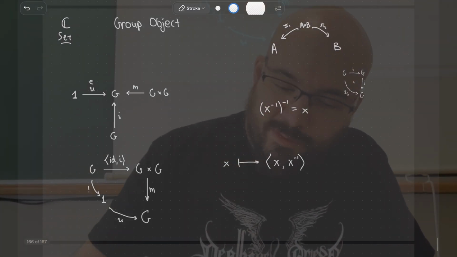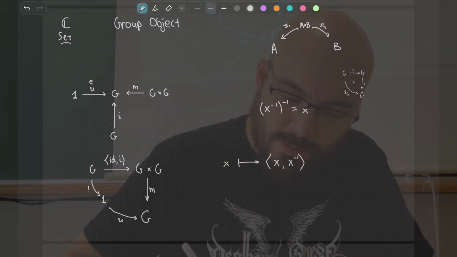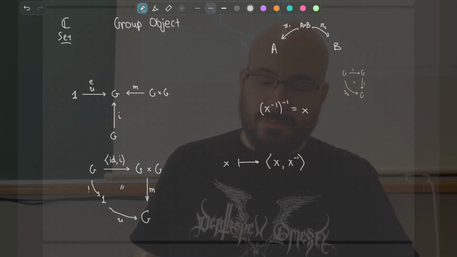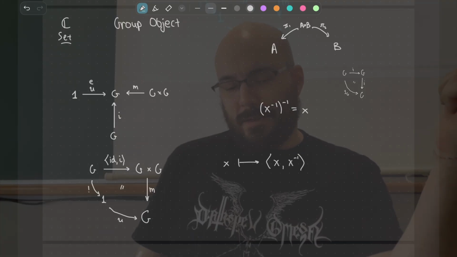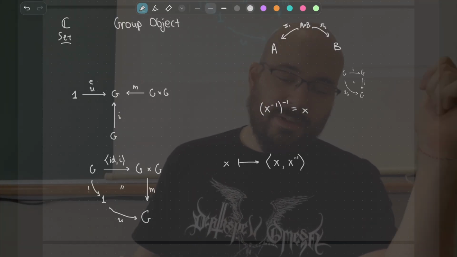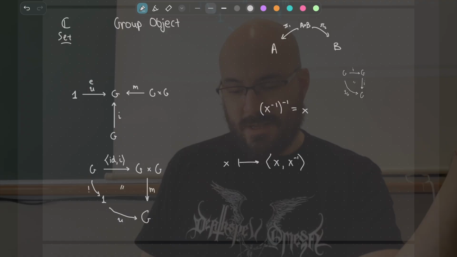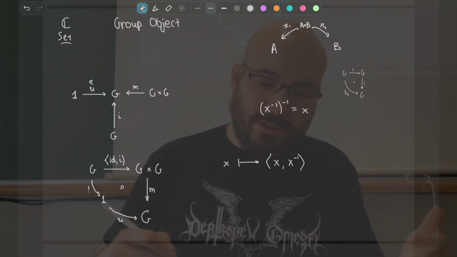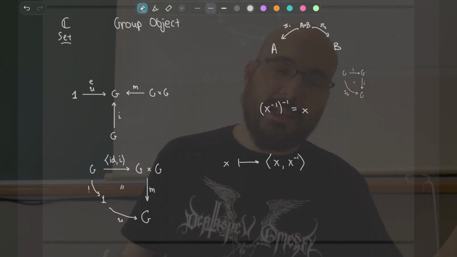Okay, so we have managed to describe this as one of the laws we want, but actually we are not done, not even with inverses, because this just describes that it's a right inverse, right? So I would have to do a similar thing for the left inverse.